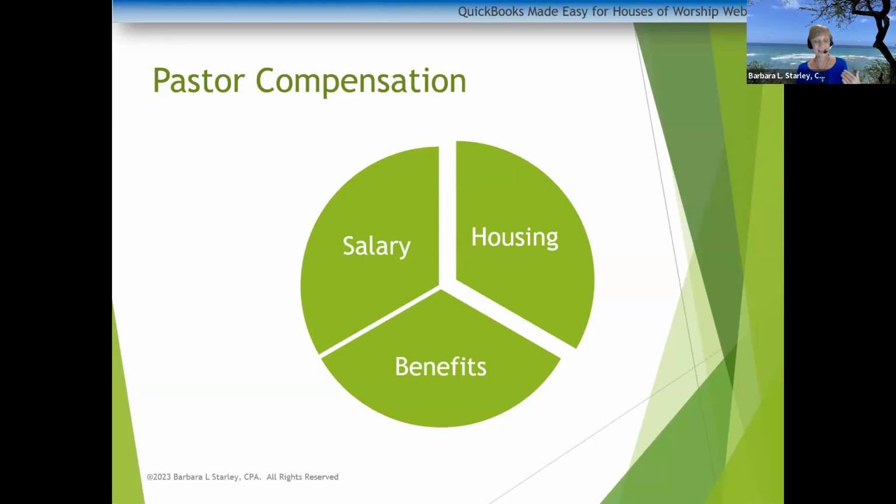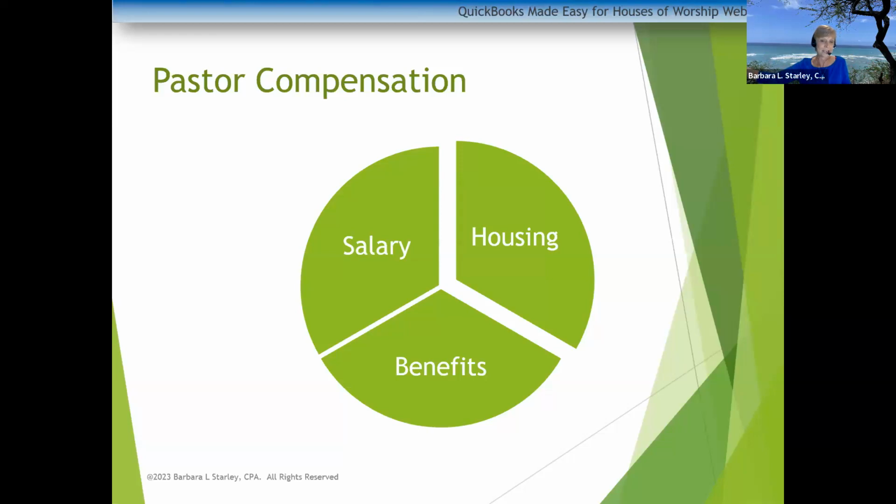I say that because I actually had one church, unbeknownst to the board until they started really looking at the budget versus actual, where the pastor was renting, let's say, and the rent increased. So they go in and say, well, I need a bigger housing allowance to cover my increased rent. And the person doing the payroll increased the housing allowance, but didn't decrease the salary.